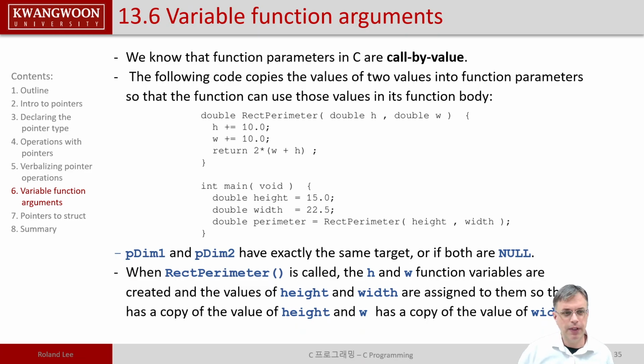Okay, let's see it. In this example, the rect function takes two parameters, h and w, and returns a value that is based on both of them. When height and width are assigned to them, h has a copy of the value of height and w has a copy of the value of width.